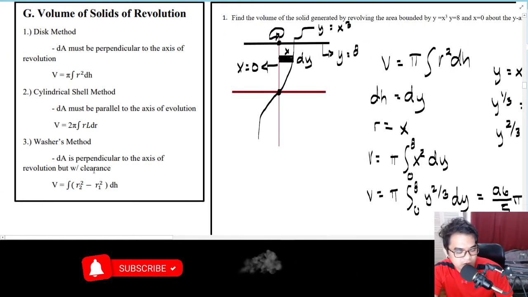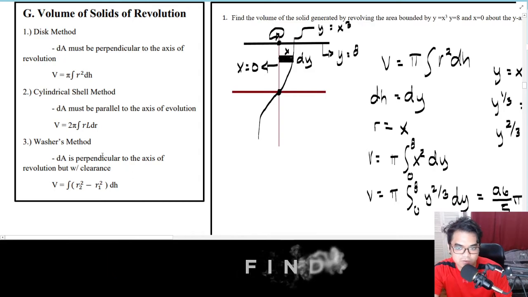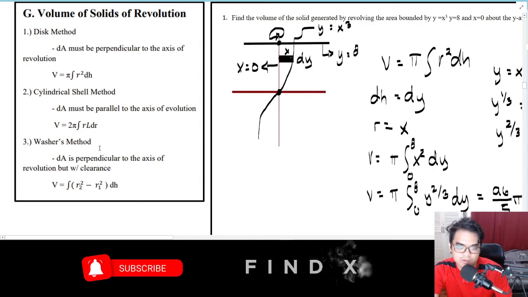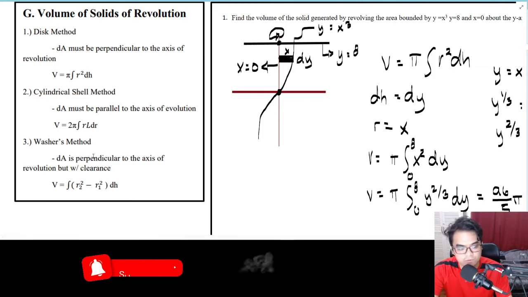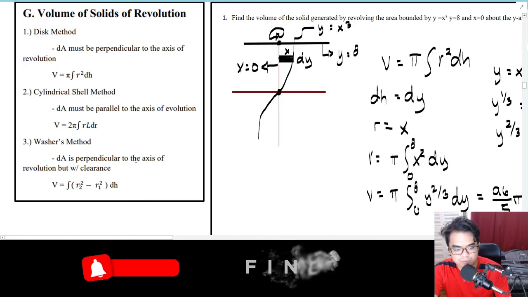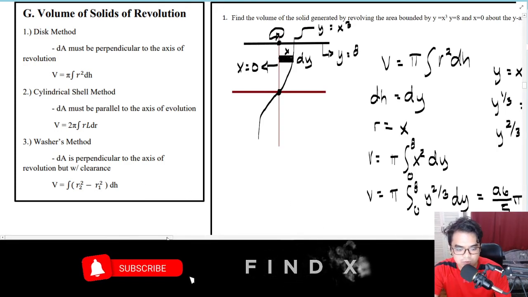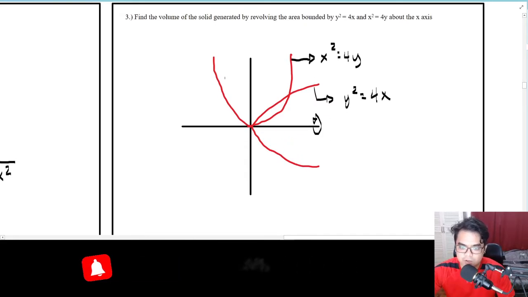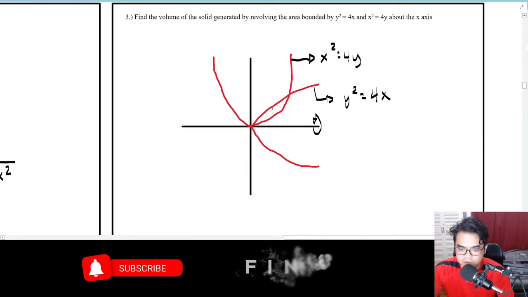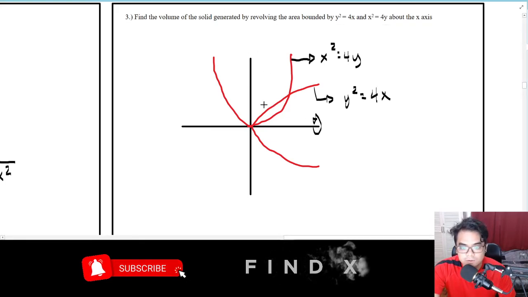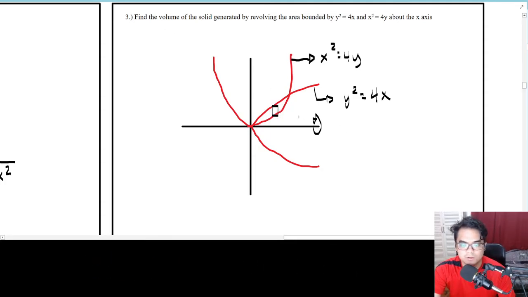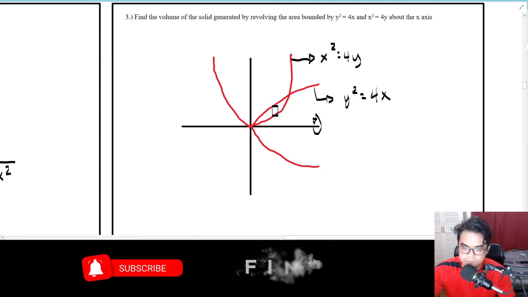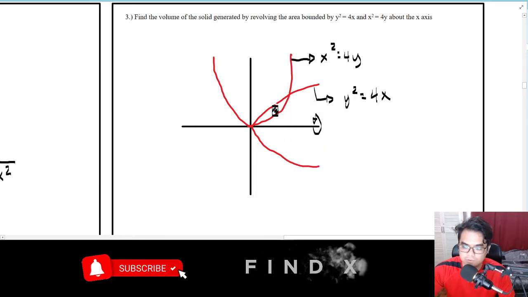You can only use this if there's a clearance, or the area bounded is not touching the axis of revolution. So for the washer method, dA should be perpendicular to the axis of revolution, but with clearance. So if that is the axis of revolution x, then our dA is this one.